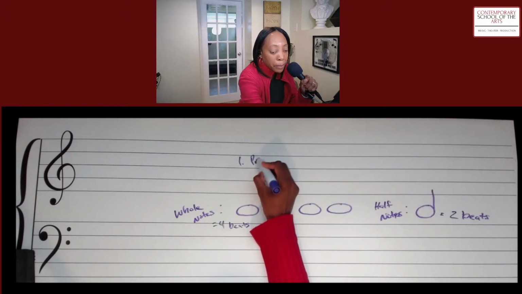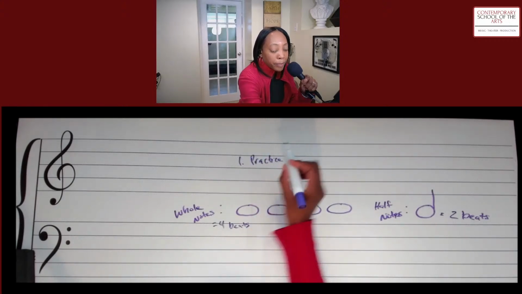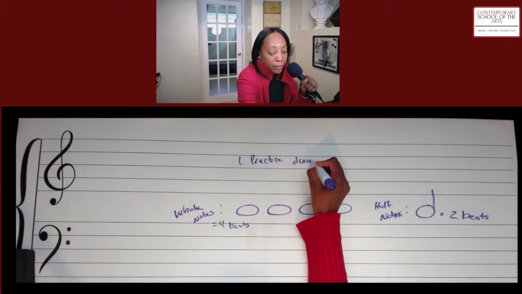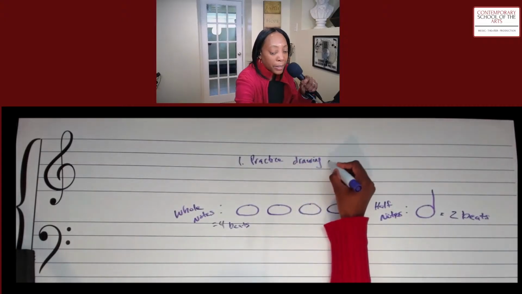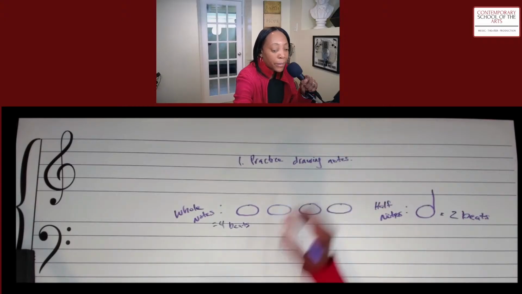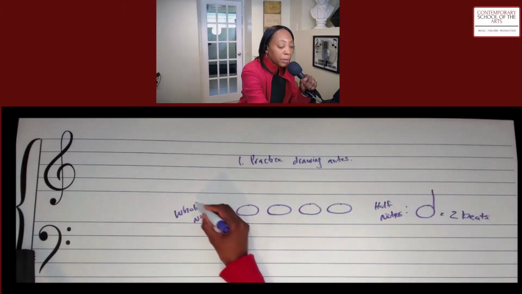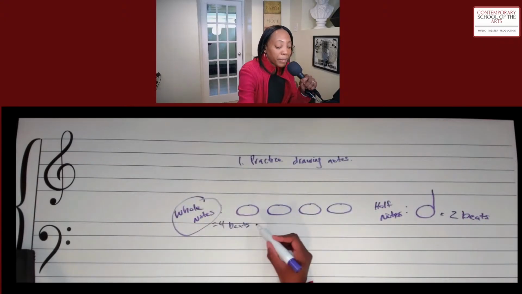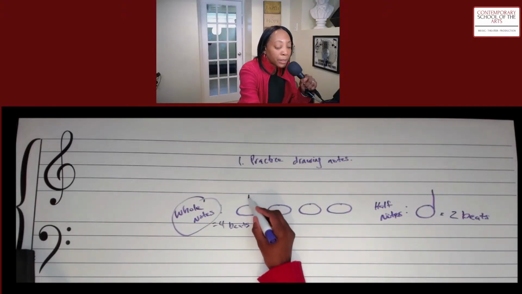Number 1, you're going to practice drawing your notes. In this case, we started with the whole note, right? So this is one whole note, and it gets 4 beats.